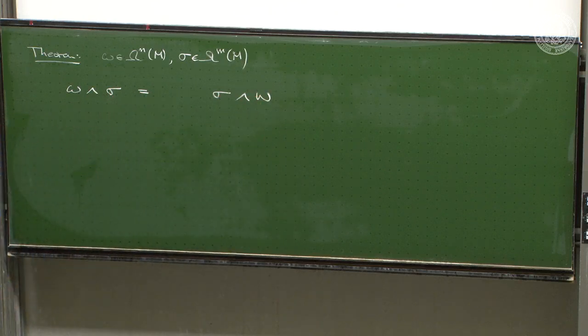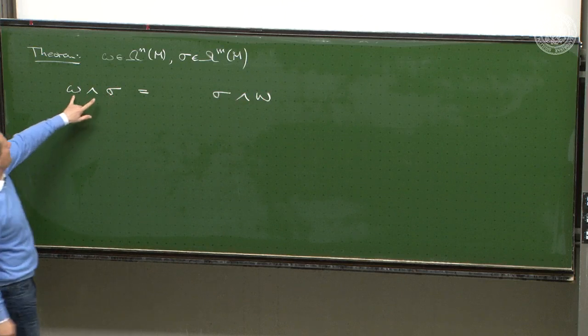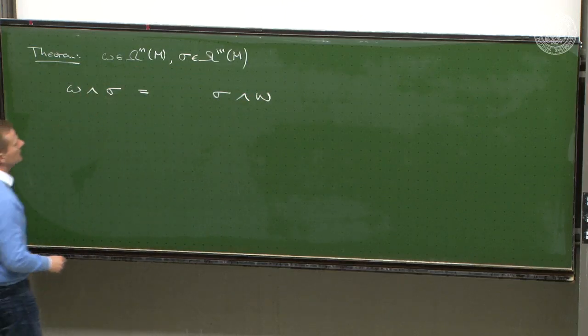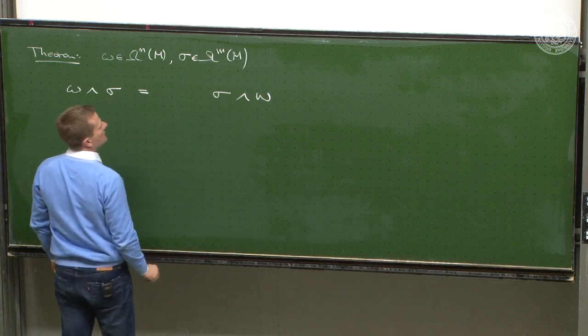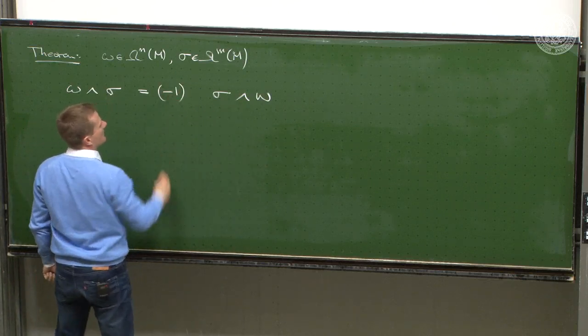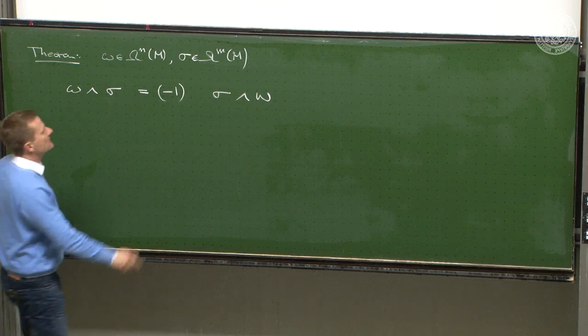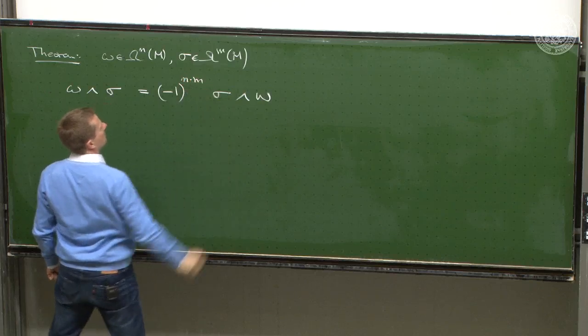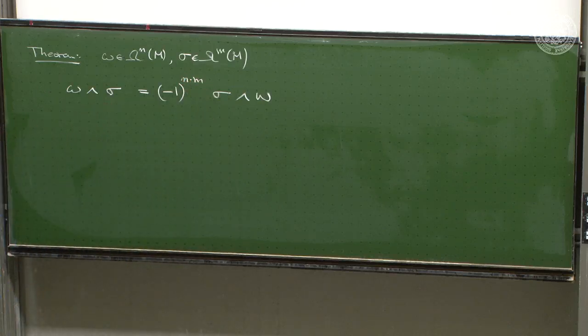What happens if you flip the two? Well, if they belong to specific subspaces of the Grassmann algebra, then it's very simple to say what they do. They pick up a minus sign, namely minus 1 to the n times m.